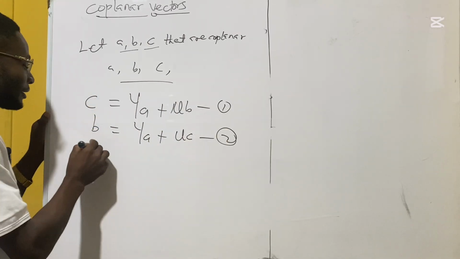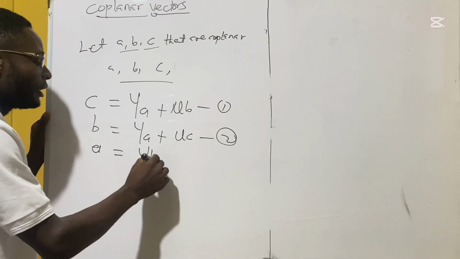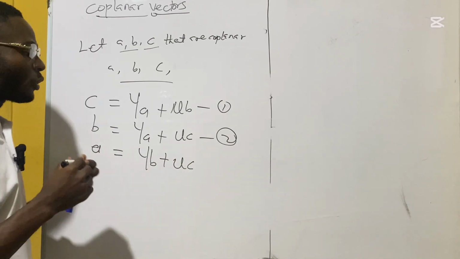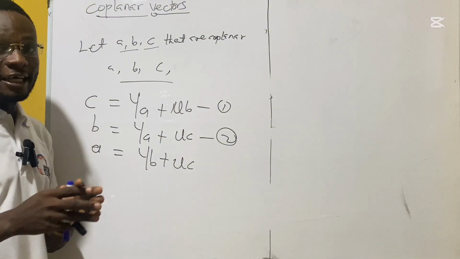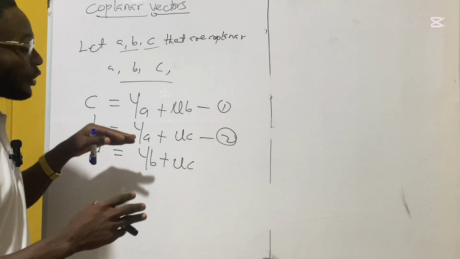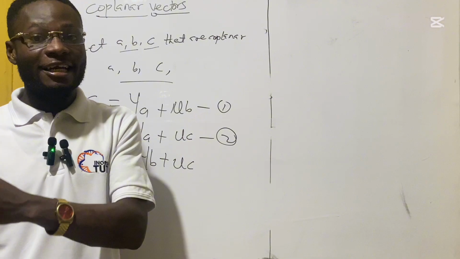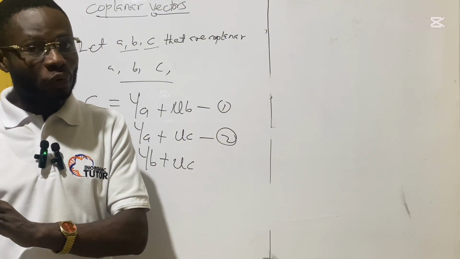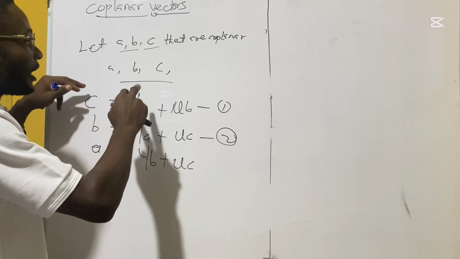And also we can say that A equals gamma B plus mu C, where gamma and mu are scalars. So this gamma and mu are just scalars that are multiplying the vectors. So what are scalars? Scalars are quantities that have just magnitude, but they have no direction.